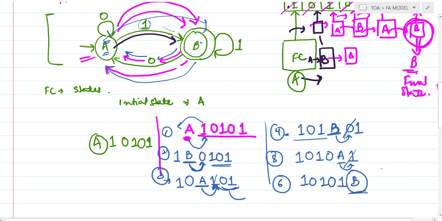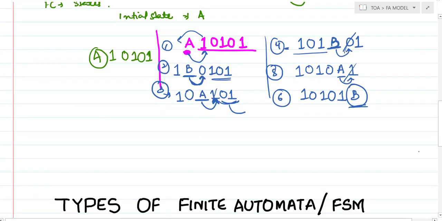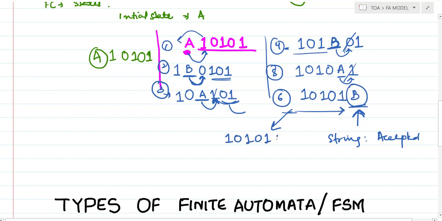So you have to see this, just keep this thing in mind. I already told you initially that when the processing of input string is completed and we are at one of the final states, then we can say the string will be accepted. For example, at the end of the processing, if we had the last string like this, 10101, and at the end we had A as our state, where further no processing would be done.